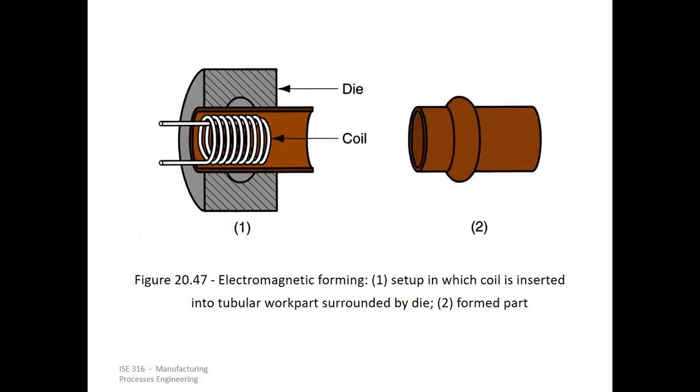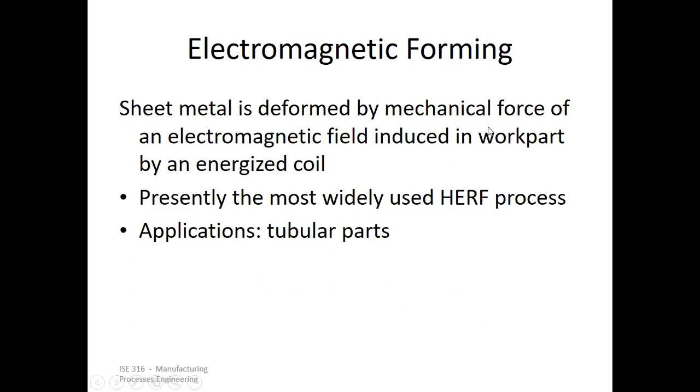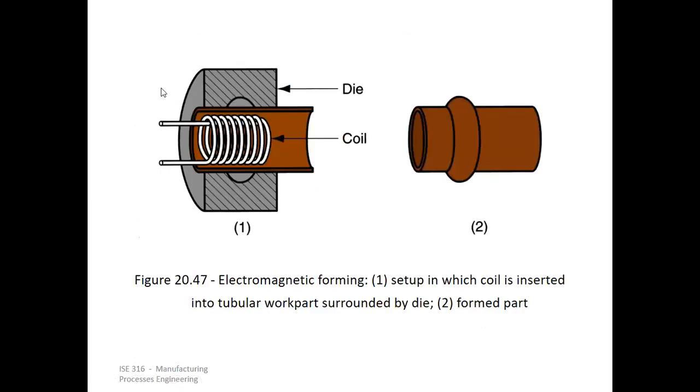You see here how that coil is used to impart the shape. You can see here there is a recess, and therefore you will get this shape because of the electromagnetics.